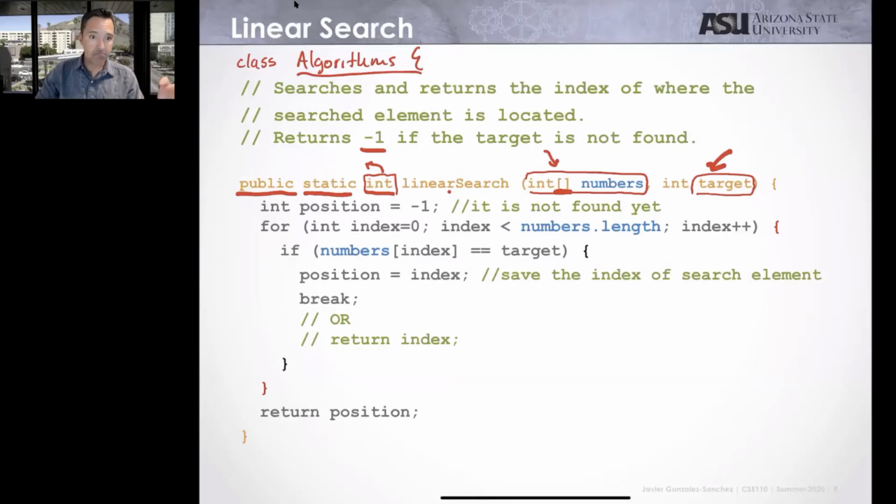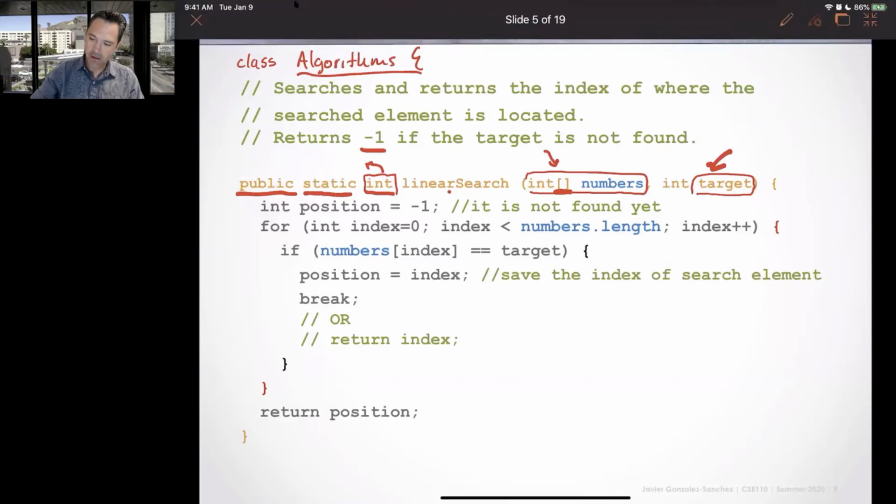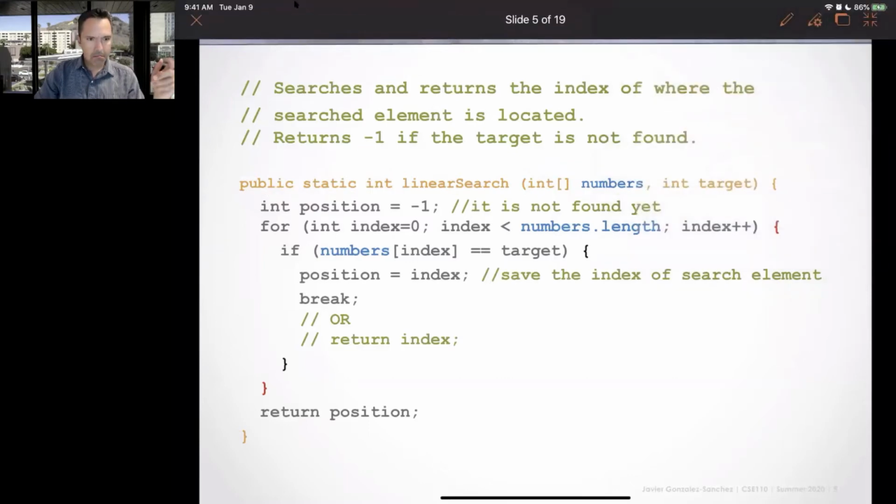Okay, so going back to my algorithm. I think the header makes sense, the comments make sense. Now I can talk about what we have inside. Green lines, comments. I can ignore those.